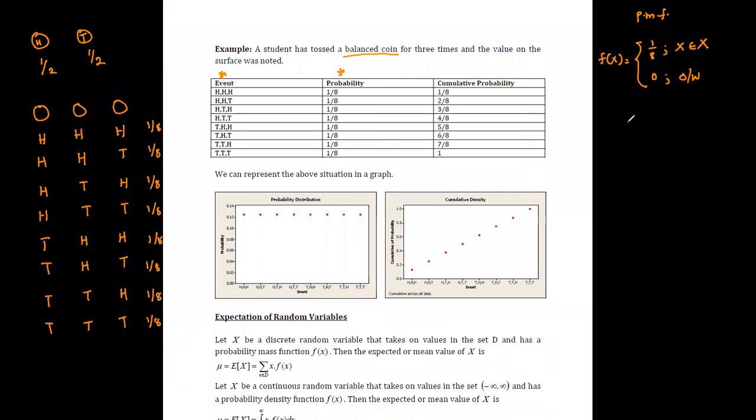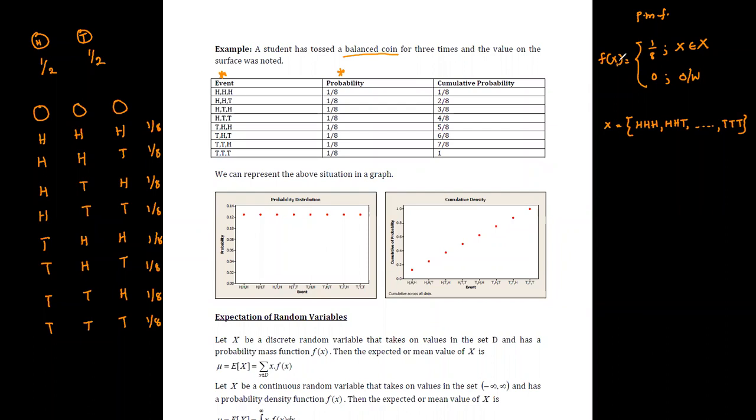Now the possible values of x in the set X are the values we are getting: head with tail. Likewise, we have to include all the 8 possible outcomes in this set X.